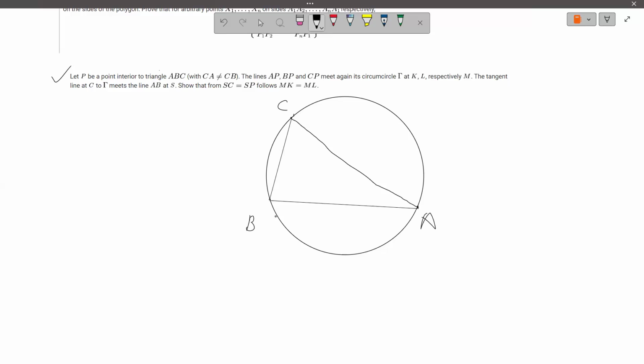The tangent is gamma at AB. Okay, so we have this line, which is... okay, horrible lines. This line is a tangent at C. This point is S, I believe. Then you consider the circle.